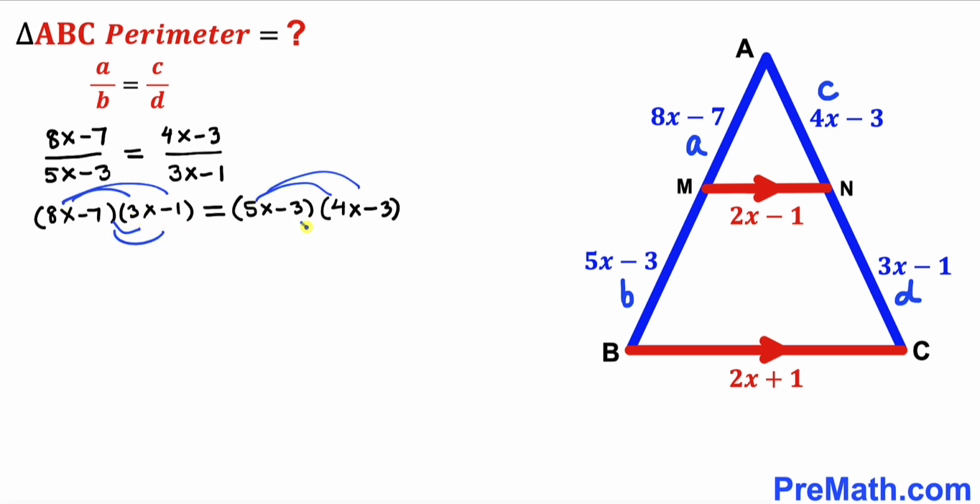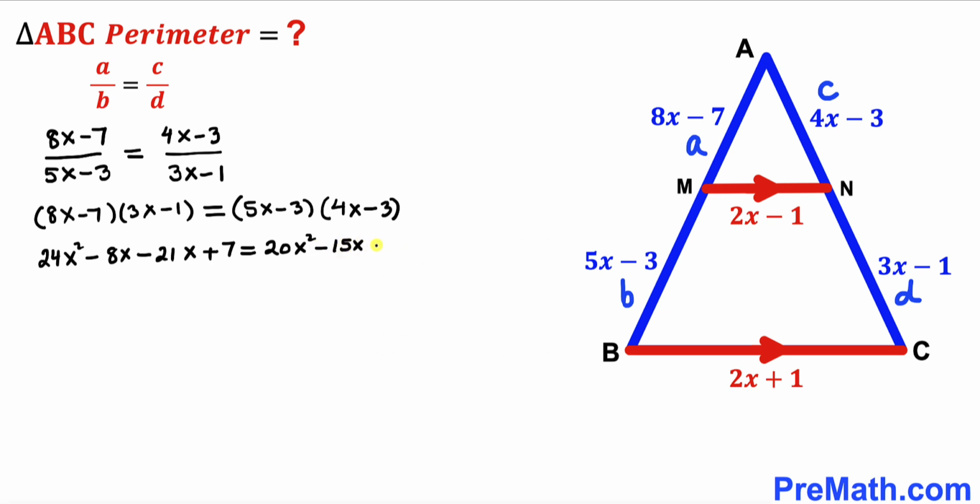So this can be written as 24x squared minus 8x minus 21x plus 7 equals 20x squared minus 15x minus 12x plus 9.